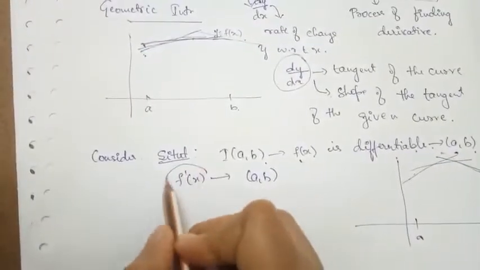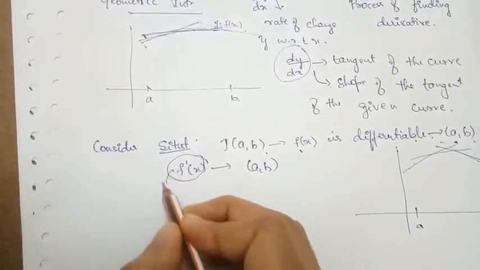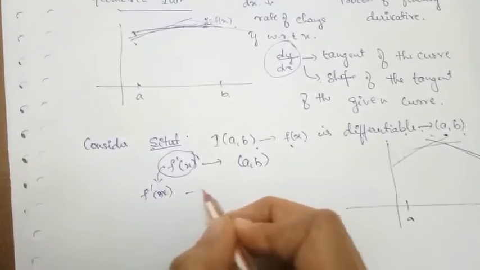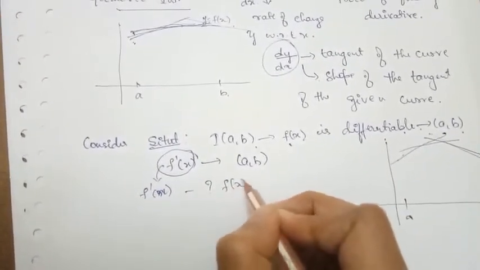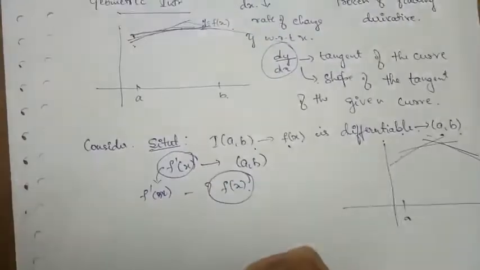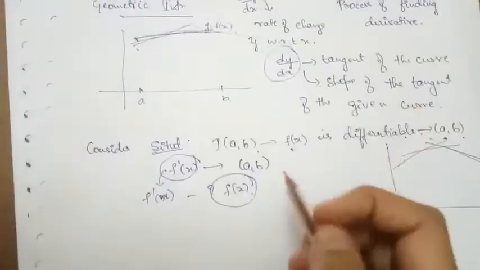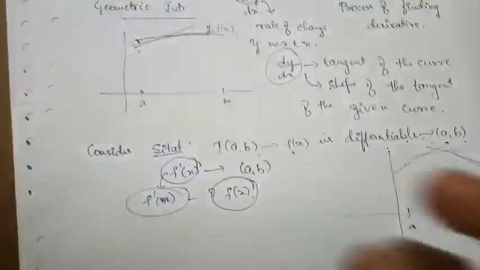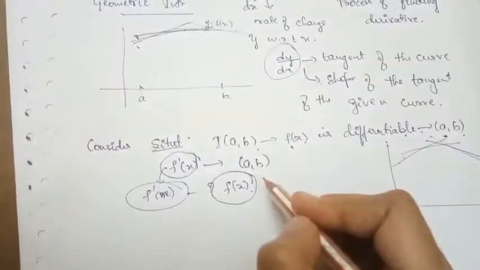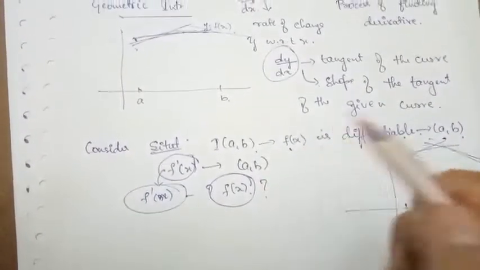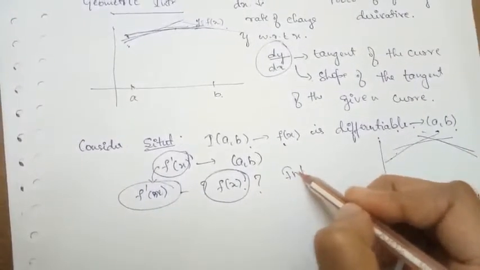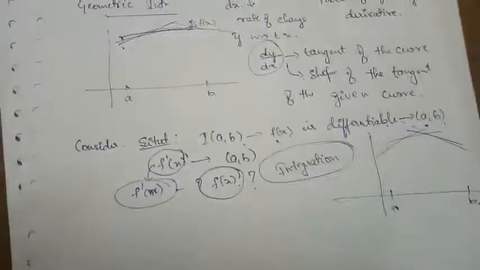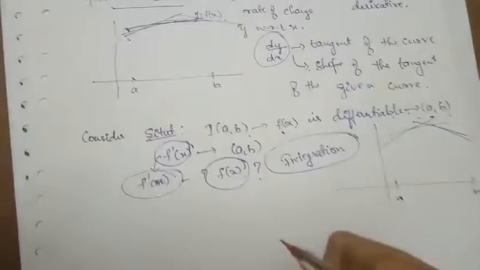When we know f dash of x of a given curve, how do we find f of x? How do we get the function when we know the derivative of a given function? When this situation arose, the concept called integration came to mind, or the concept of integration got an idea.